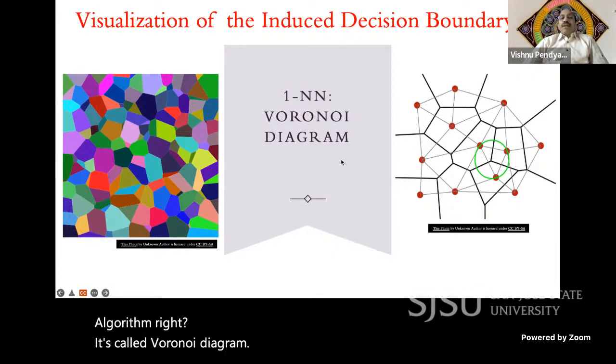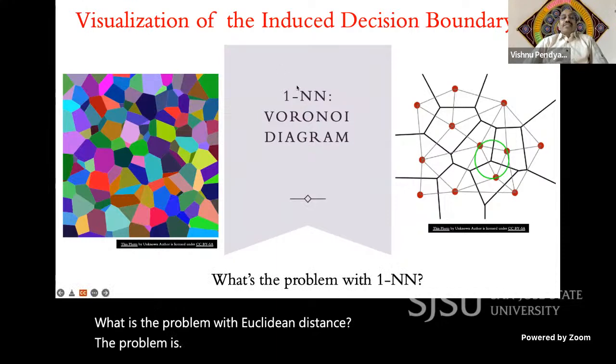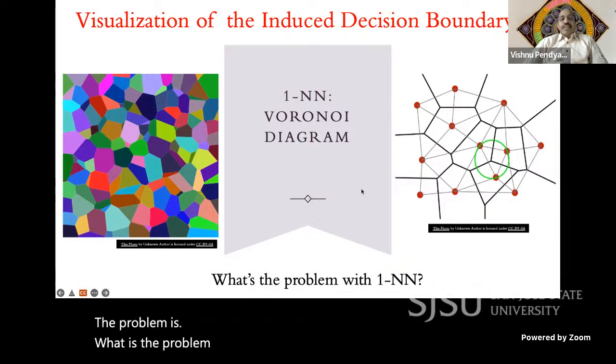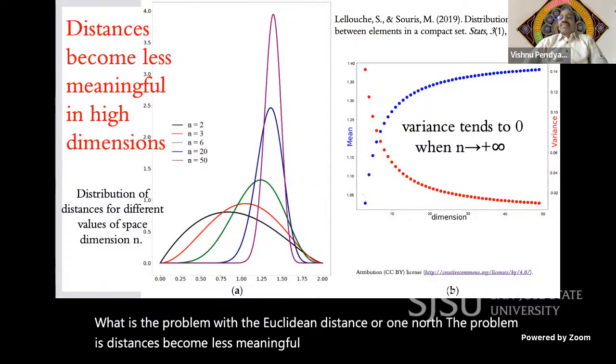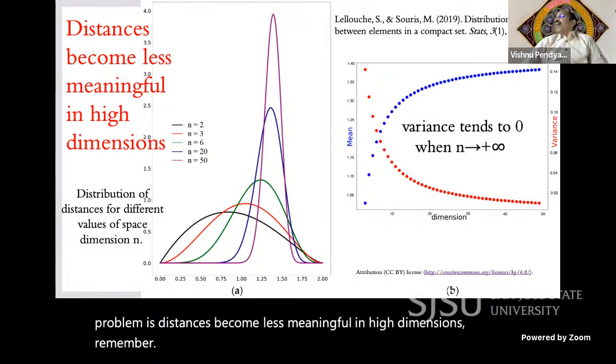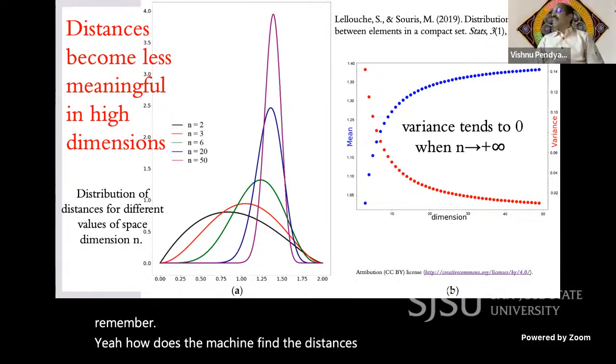Now, what is the problem with Euclidean distance? The problem is images. What is the problem with Euclidean distance or 1NN? The problem is distances become less meaningful in high dimensions. Remember, how does the machine find the distances from the letters?